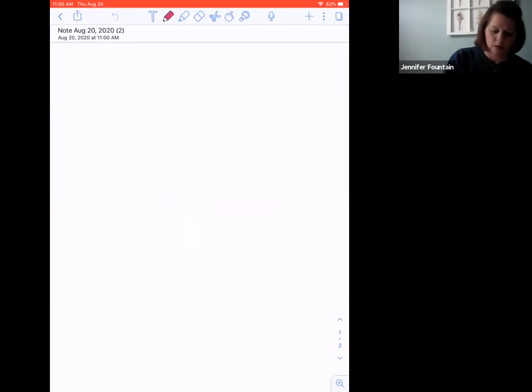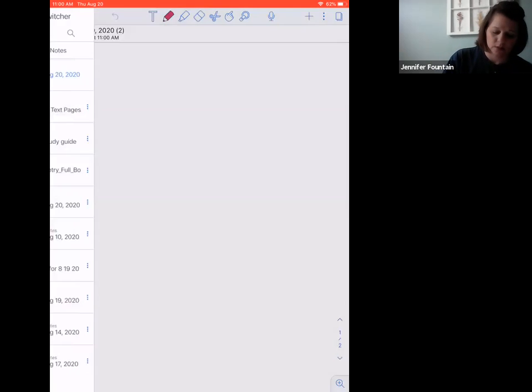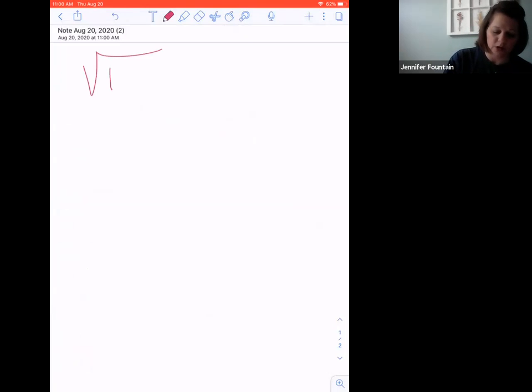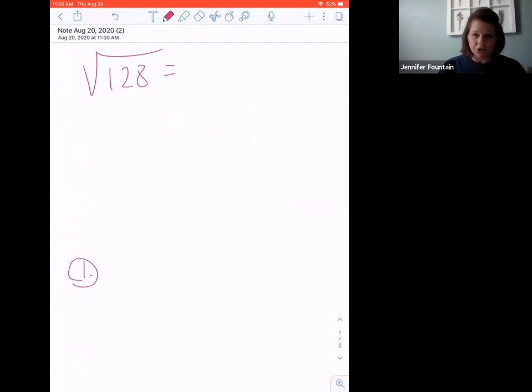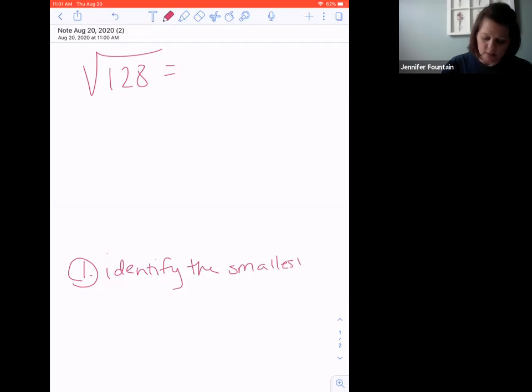Okay. If I'm dealing with the square root of 128, to break down a radical, the first thing that I do is I want to identify the smallest prime factor of the radicand.